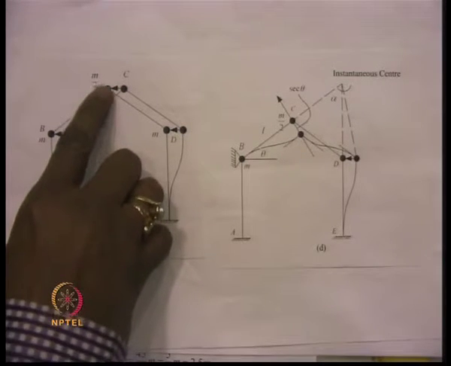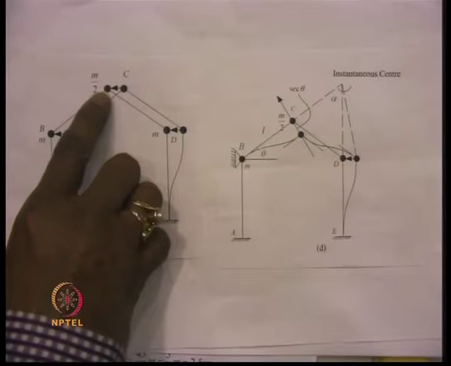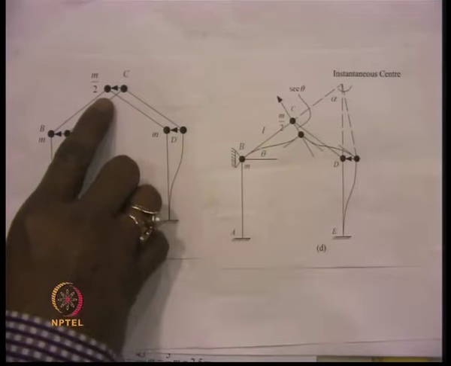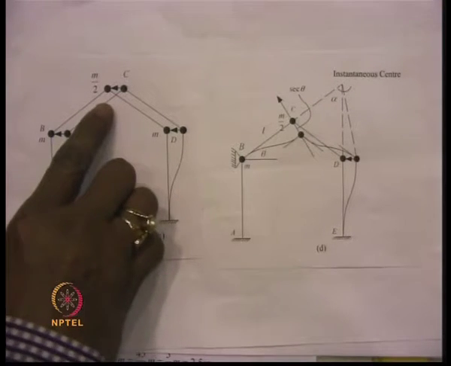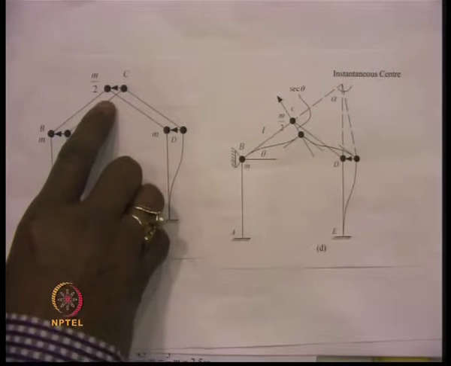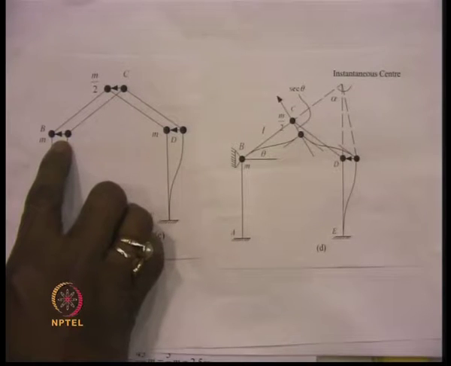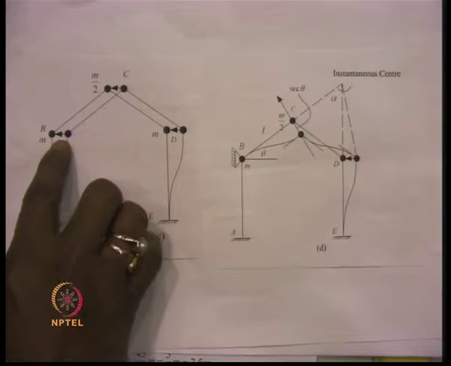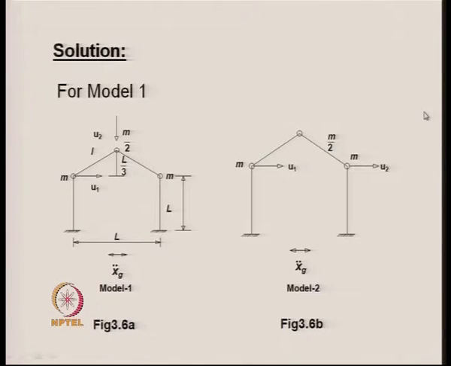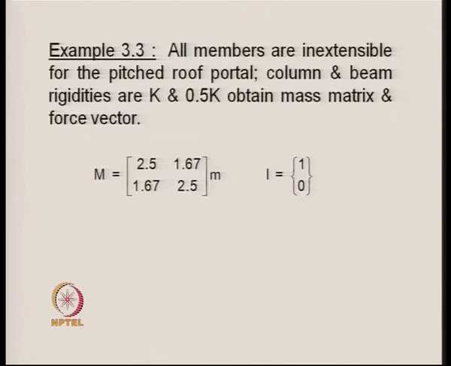Similarly, the two vertical force components in these directions, together will give rise to M21, that is the force generated at this point due to the unit acceleration produced over here. These two forces were found to be equal to 2.5 and 1.67, and so they are shown over here.